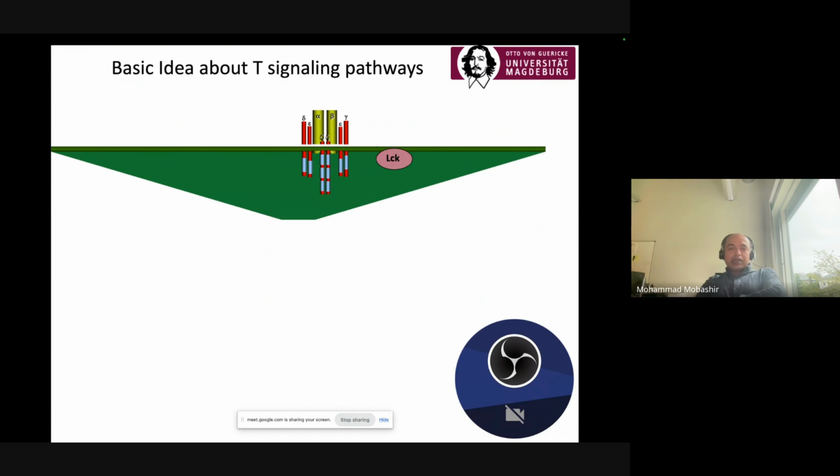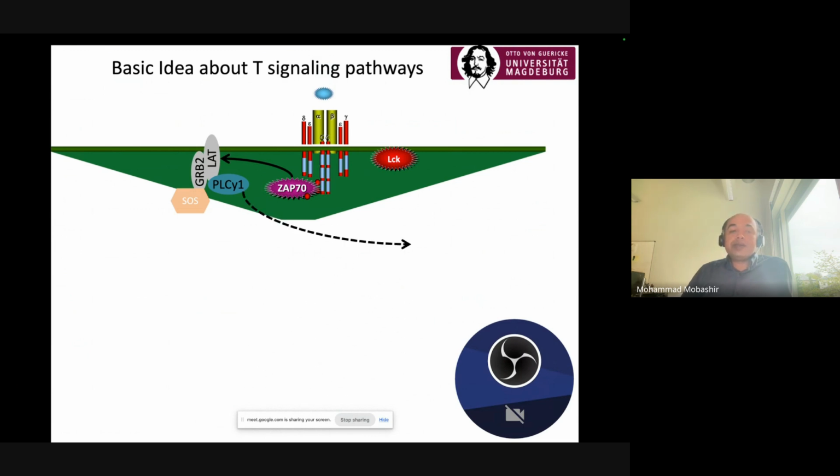Similarly, here, TCR is one of the well-known receptors. What we are showing here is that TCR is activated once it receives the input signal. And then LCK and ZAP70 are involved, which also involves Grb2, SOS, LAT, and PLC gamma.